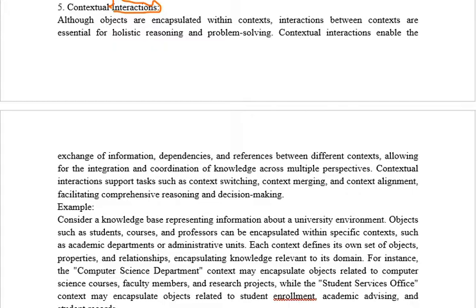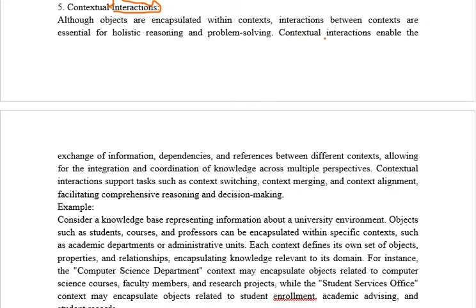With the same example, let's take context A and context B. Context A wants to know about context B and context B wants to know about context A. So how can they interlink? They can communicate by interacting with each other. Yes or no? Similarly, why do they have to use the interaction between both? For problem solving. To solve a particular problem, if A has any problem, by saying it to B, B, with the knowledge B has, can solve the problem of A. Similarly, they can interact and solve the problems they have.